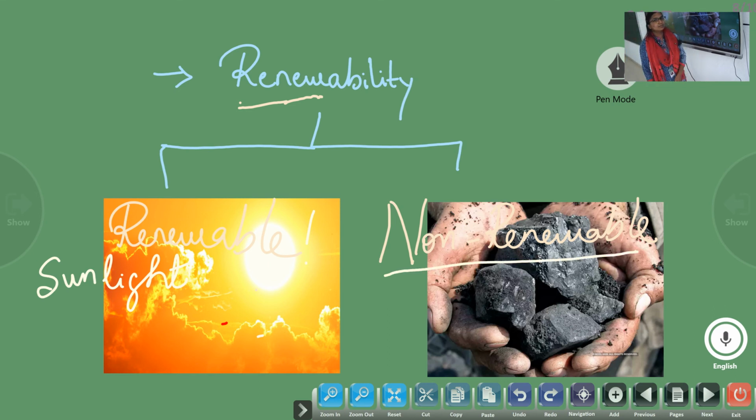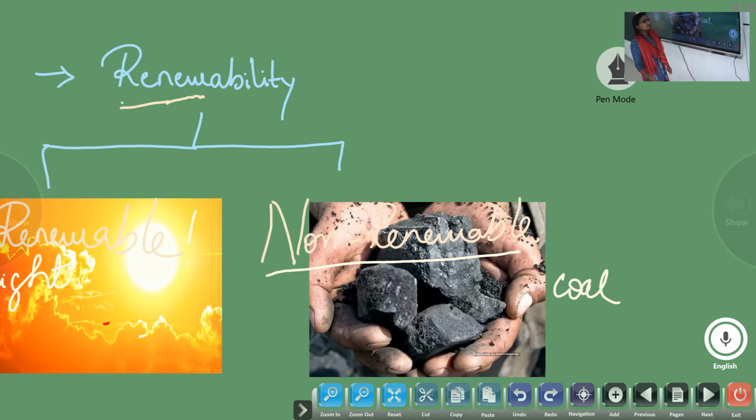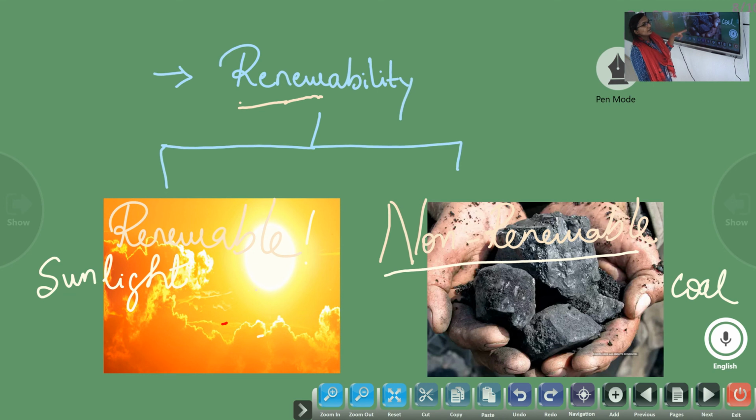When it comes to non-renewable resource, this is coal. We dig it from underneath the earth, and after some time, if we keep digging and keep taking out, the coal will not create on its own, right? The coal will get exhausted. One day, we will not have any more coal if we keep using it.